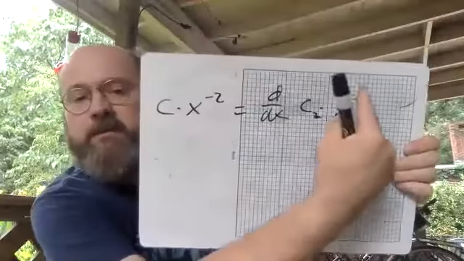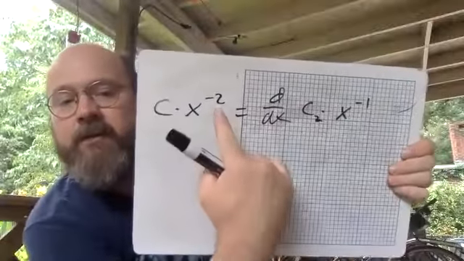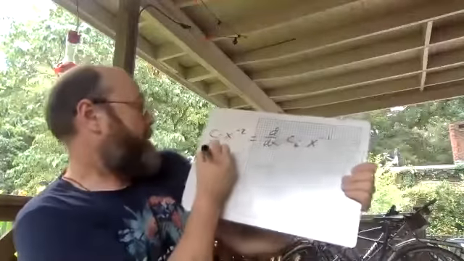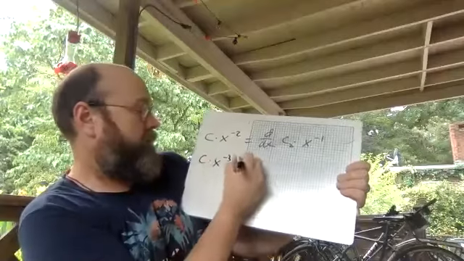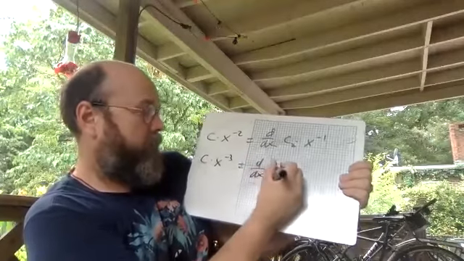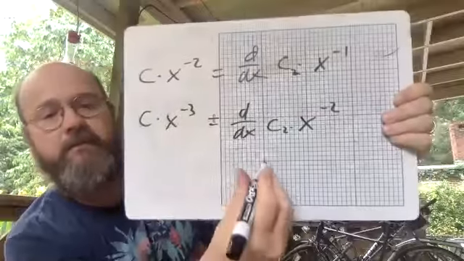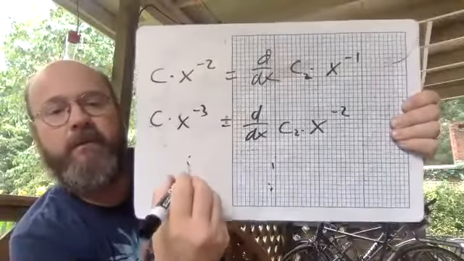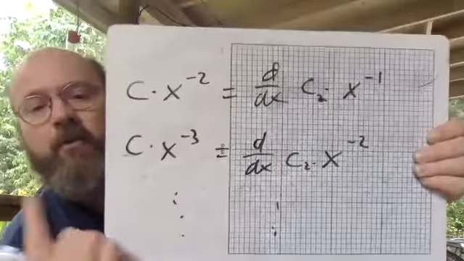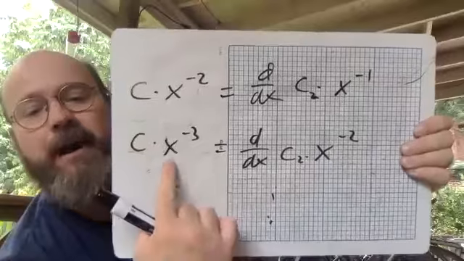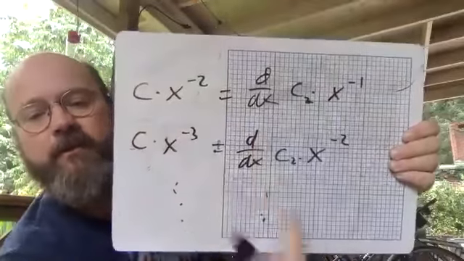Again, minus 1 comes down, it drops down by 1, and you get to the minus 2 power. Same thing for minus 3, some other constant times x to the minus 2, right? This is just the same thing, keeps going by the power rule. The power rule allows you to catch all of the power functions as derivatives of other functions.